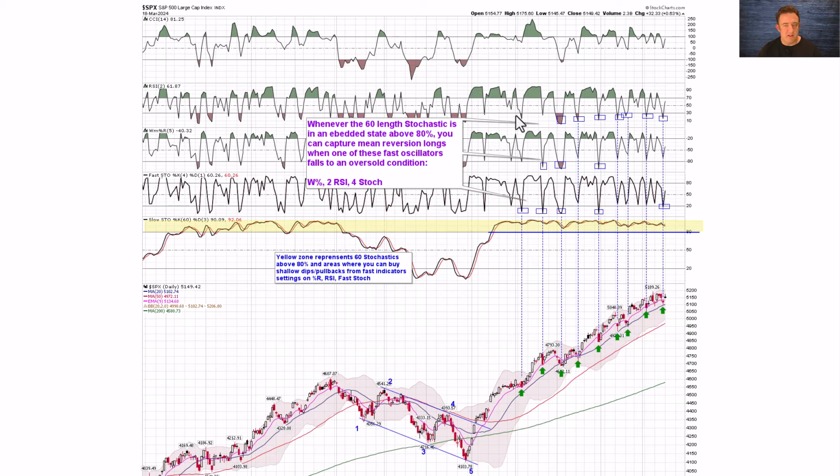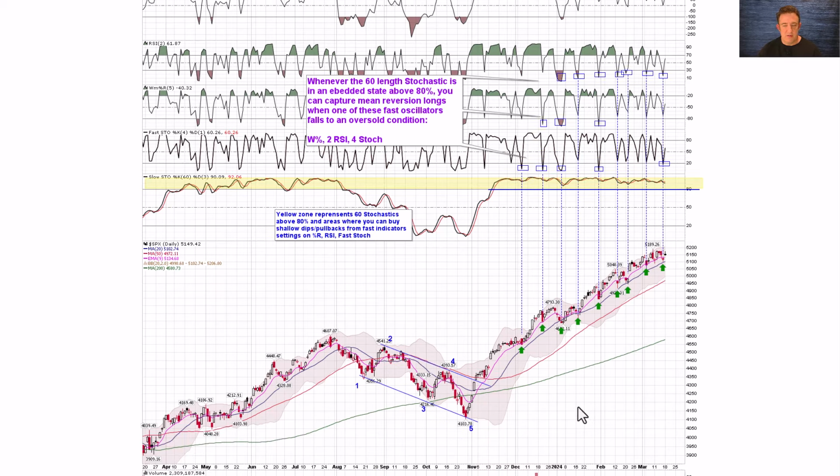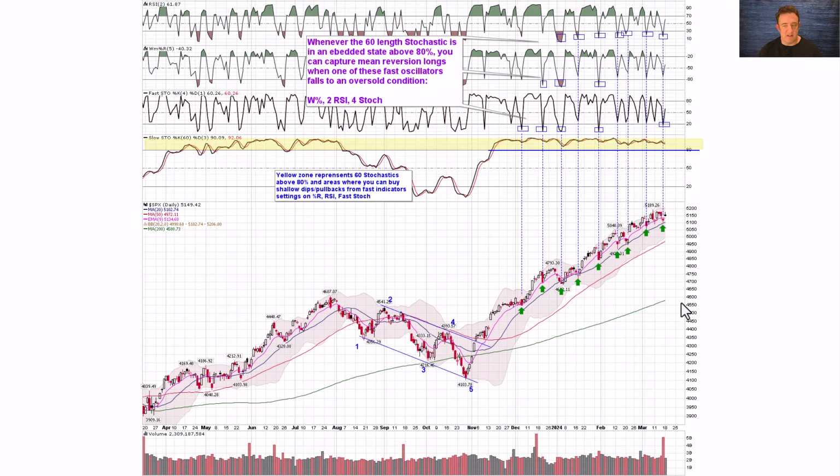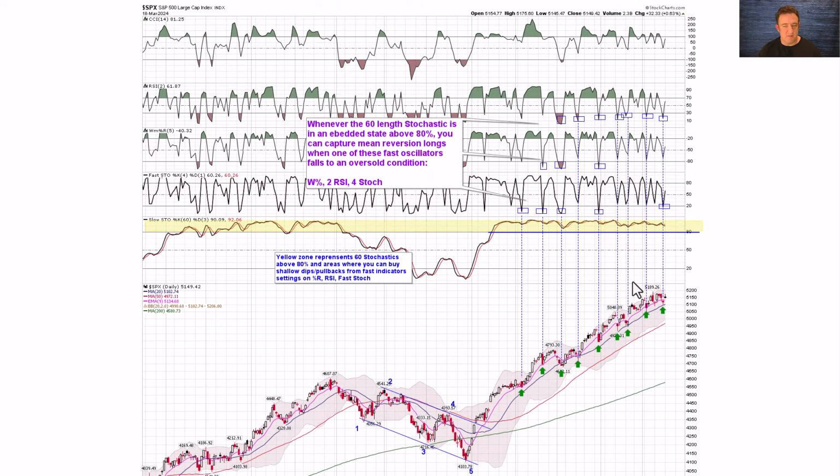And whenever one of these gets oversold, as long as the 60 stochastic is above 80%, that gives you an objective mean reversion buy signal. And you can see all these that would have triggered since basically early December. You've had 3, 4, 5, 6, 7, 8, 9 of these, and they've all been winning trades.